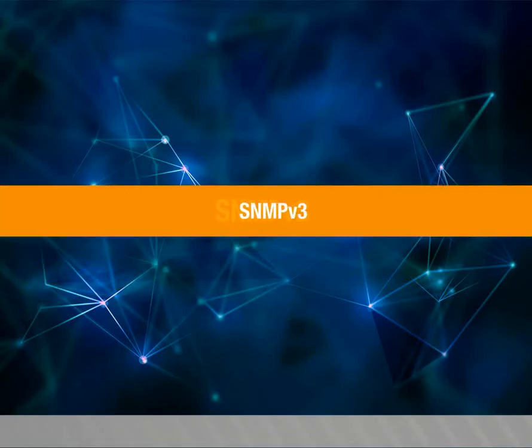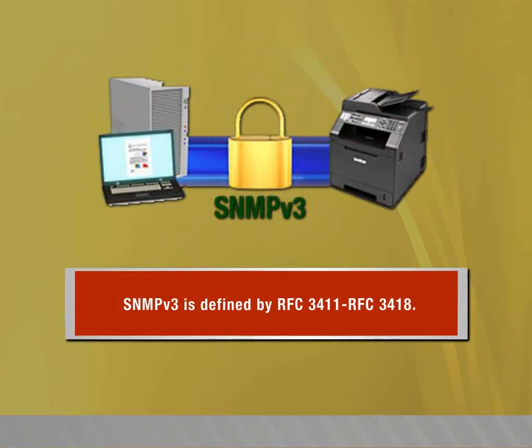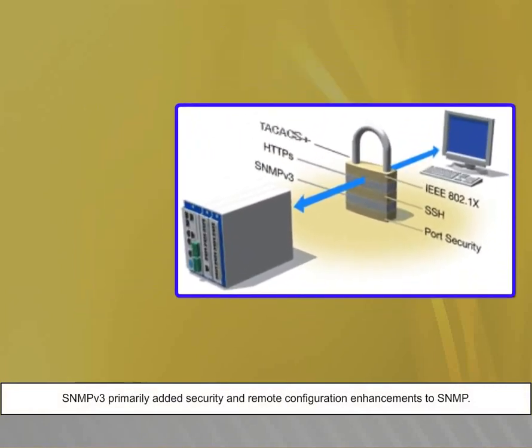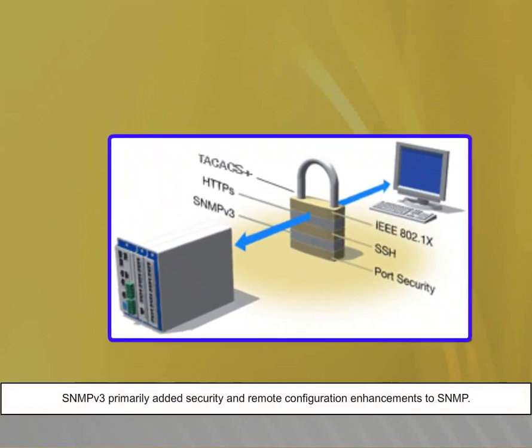SNMP v3. In this video, we are going to see about SNMP v3. SNMP v3 is defined by RFC 3411 to RFC 3418. SNMP v3 primarily added security and remote configuration enhancements to SNMP.